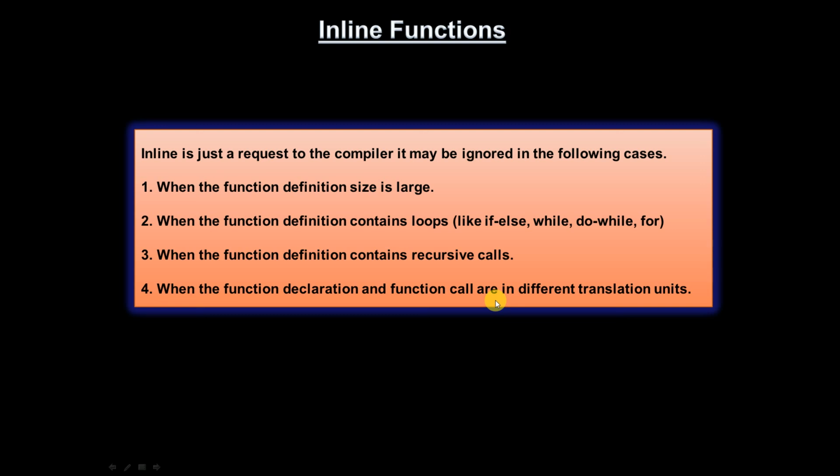Whereas in the case of an inline function, this is a request. If possible, then only that function call will be replaced with the function definition. So this is about inline. Inline means in the same line, the function call will be replaced or substituted with the function definition.